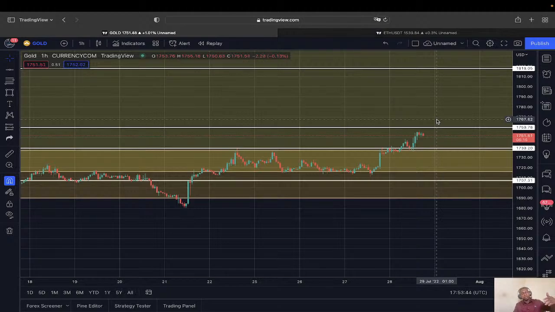Then 100 upward can do 0.1. Okay, 1 million can do one lot size.